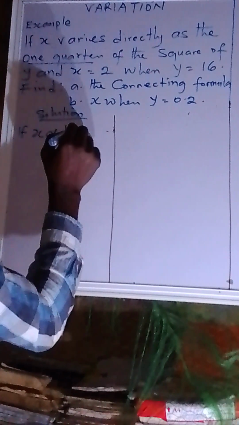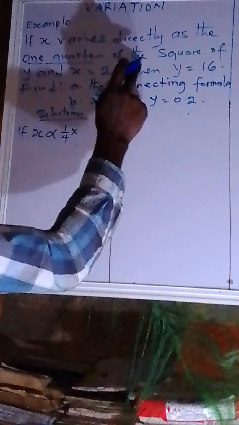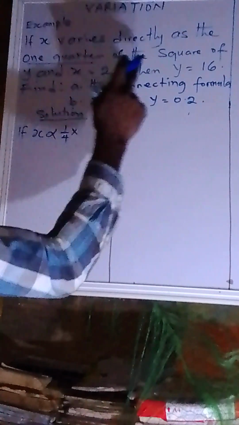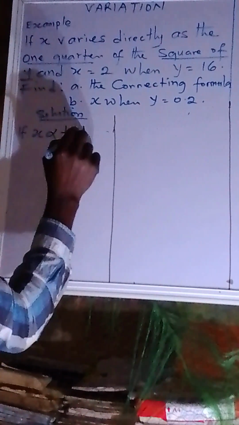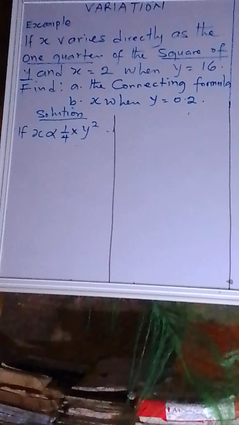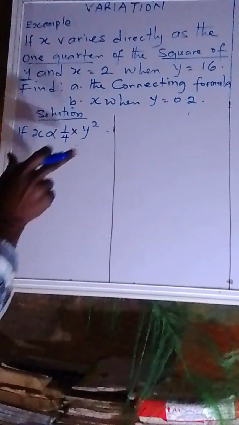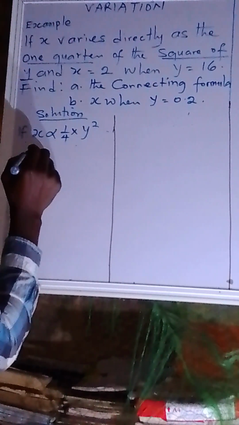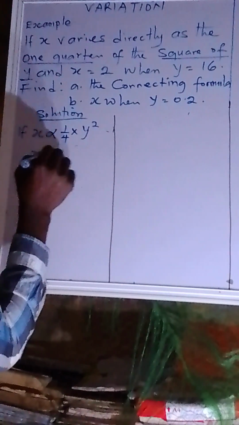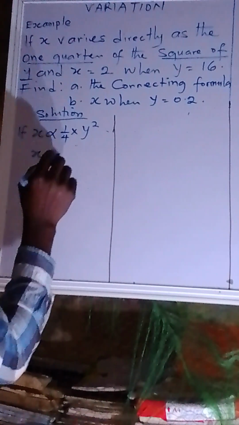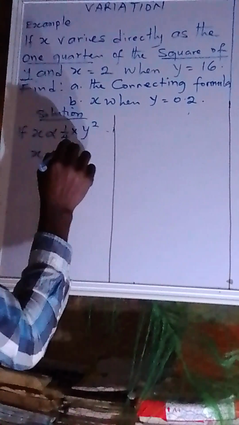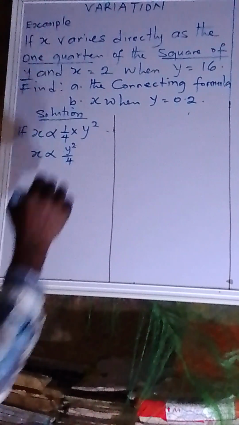So times of the square of y. The square of y will be y squared. That's all. So I can tidy this up. So this is going to give me x varies directly as y squared over 4.